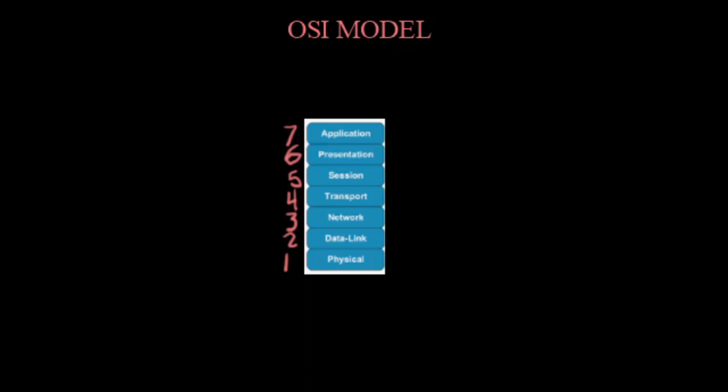The network layer reads the IP addresses from the packets. So in this layer we see routers, and we also see layer 3 switches.